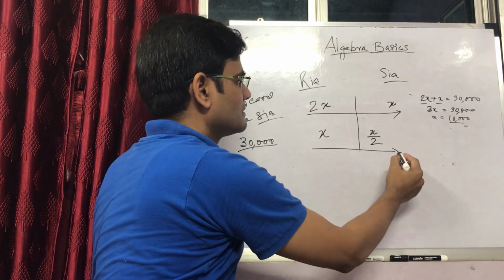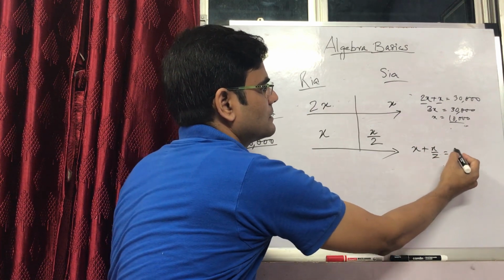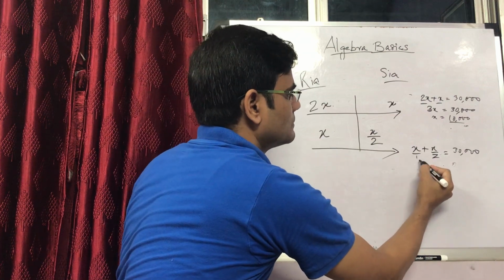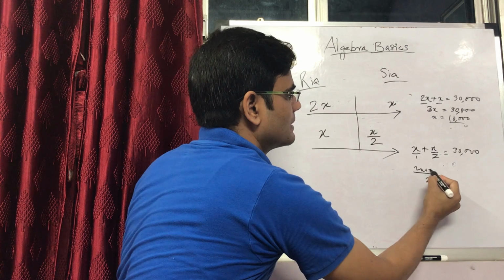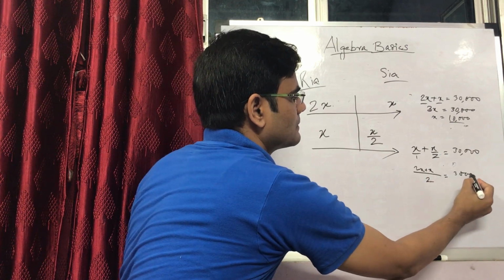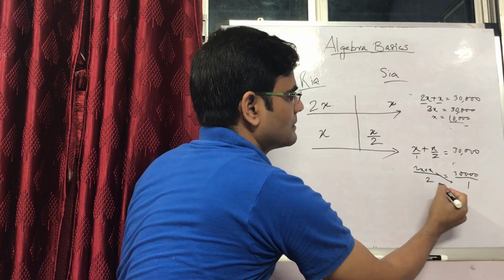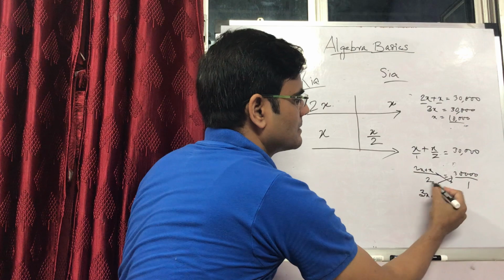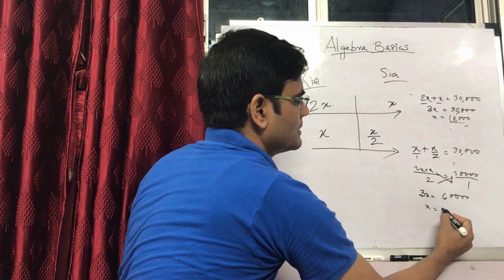And if you go by this, x plus x by 2 equals to 30,000. This is a little difficult to solve because then you have to take the LCM. 2x plus x over 2, 30,000. Then you cross multiply. This becomes 3x, and this becomes 30,000 into 2, 60,000, and then x is 20,000.